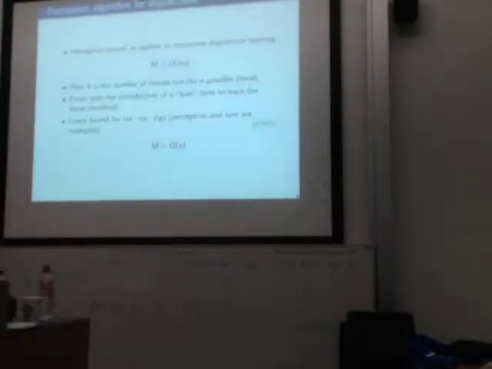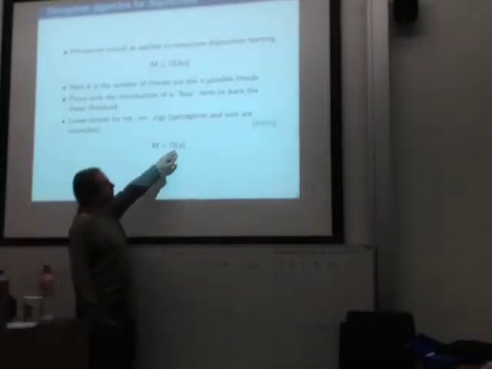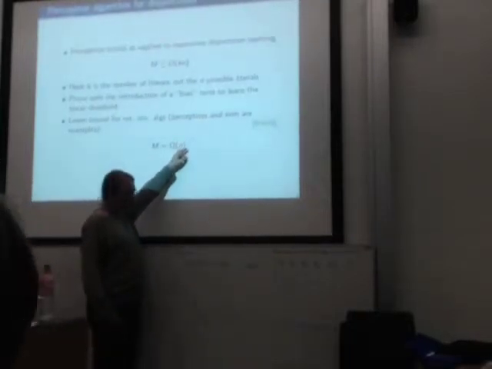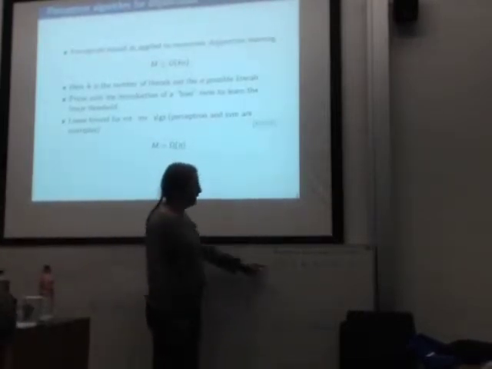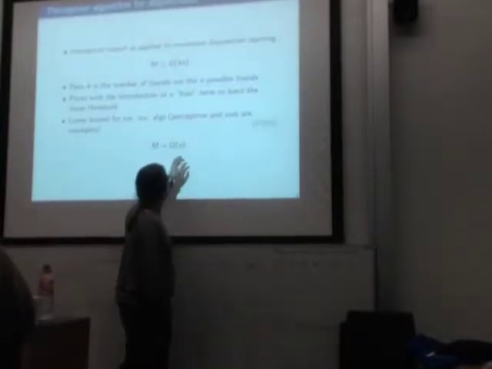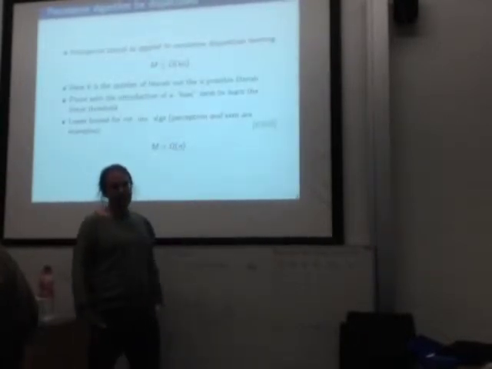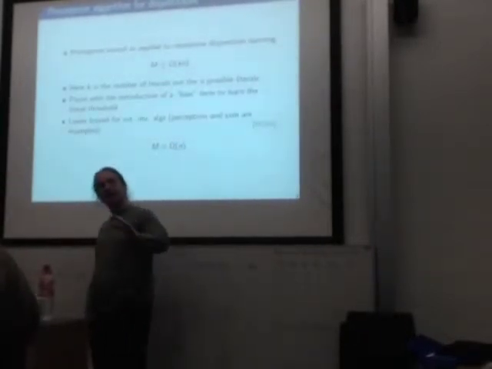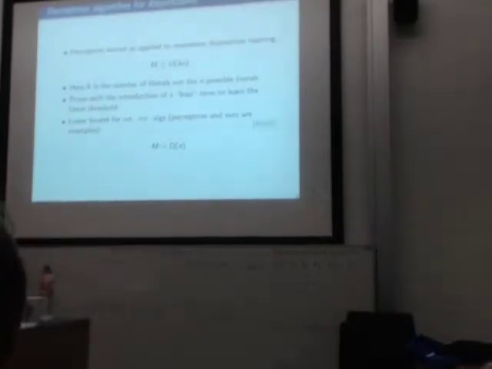In fact, you can show that there's a lower bound: there exist data sets that are, for instance, compatible with a single disjunction, but the number of mistakes that the perceptron will make is order n, even though a single disjunction fits your data. Likewise, if you use an online SVM, you'd have the same issue.